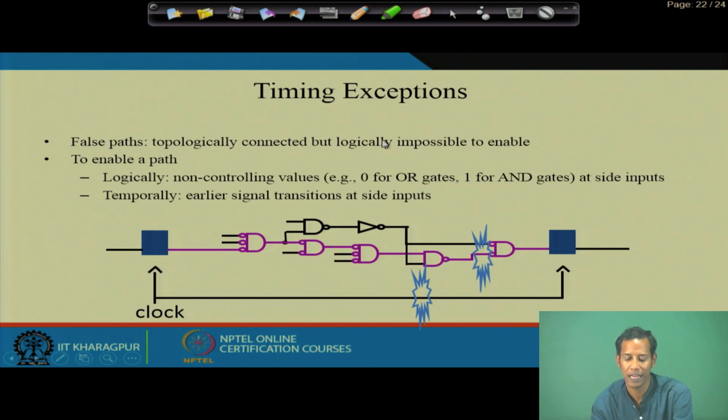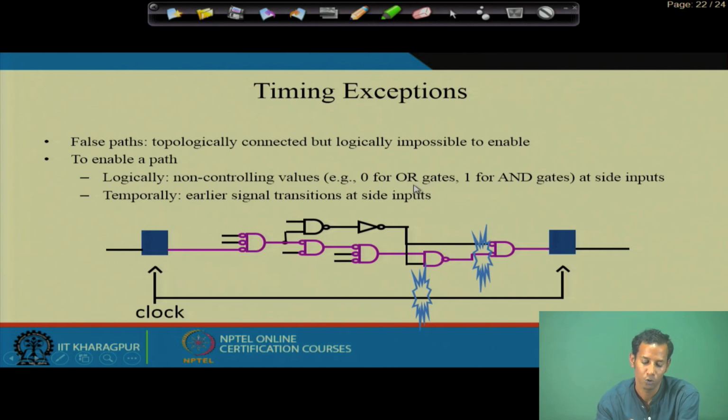Now, the timing exceptions: false path and multi-cycle path. What is a false path? A false path is topologically connected, but logically impossible to enable. Suppose here we have two paths, one path is this, another path is this one.